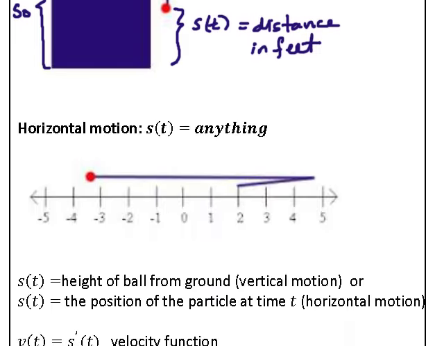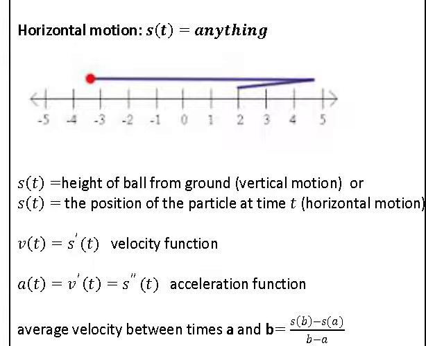All right, the other type of problem that we'll be looking at is called a horizontal motion problem, and here the distance function, or the position, we usually call s of t a position function. The position function can be anything at all. s of t represents the position of a particle on the x-axis. So here the particle is starting at 2, so initially s of t is going to be equal to 2 in this picture.